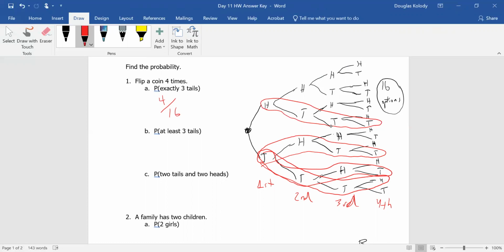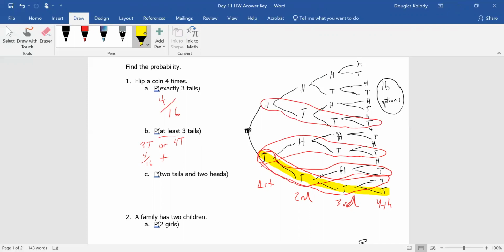At least 3 tails. Well, just by definition, at least means that number or more. So it's 3 tails or 4 tails. We already know that there's 4 branches out of 16 that have 3 tails. Or means plus, from our lesson before. How many of these branches have 4 tails? I'll use a different color. I do believe that the only branch with 4 tails, let's try the highlighter, is tails, tails, tails, tails.